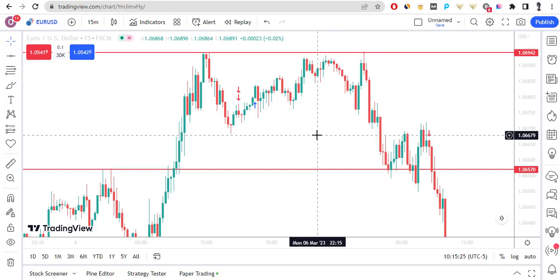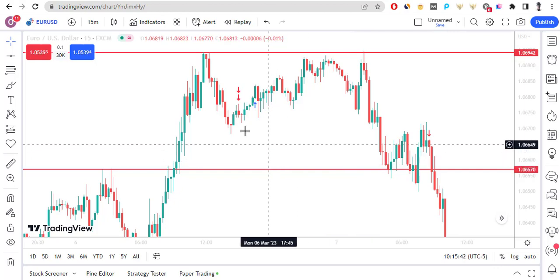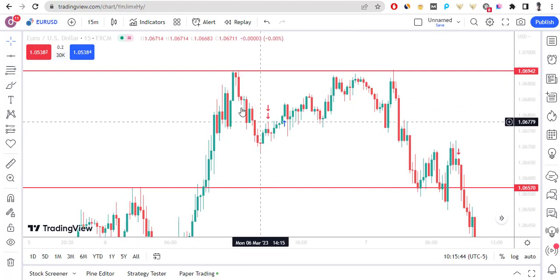To identify support or resistance, you have to look back at the chart to find a significant pause in a price decline or rise. Okay, then look forward to see whether price halts or reverses.